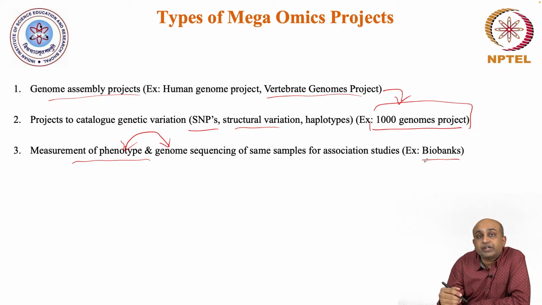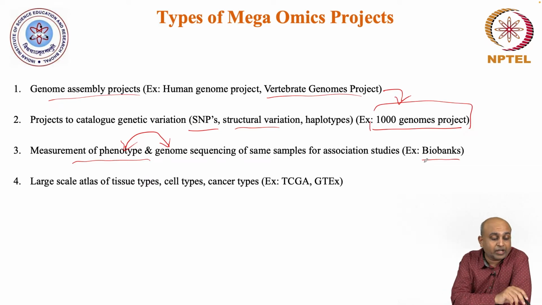Again, this is happening at the scale of hundreds of thousands of genomes or hundreds of thousand patients who are being monitored. So this is another type of mega omics project where hospitals from all over the country could be involved, or a select set of hospitals who have this setup can take part in this kind of consortium.